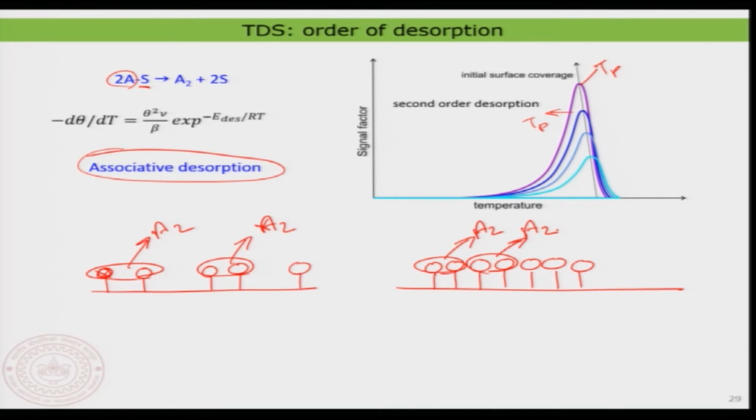Now, the interesting thing here is, since the atoms are strongly interacting, they interact with each other, and therefore the interaction with the surface gets weaker, and that would particularly happen at a higher coverage, because you have a higher density of atoms. So, the chances of forming A2 are very high. That means all these molecules are going to be paired up already in the adsorbed state.